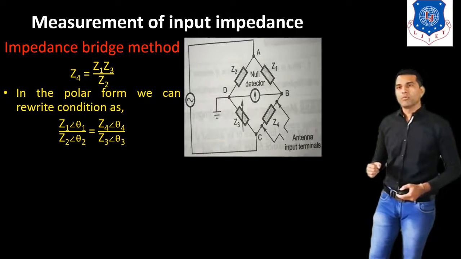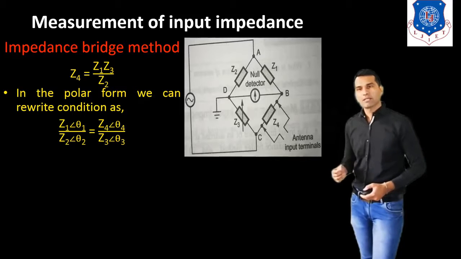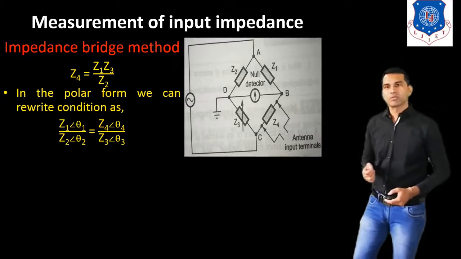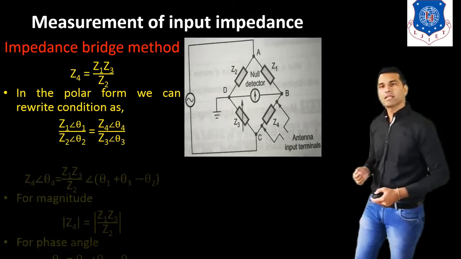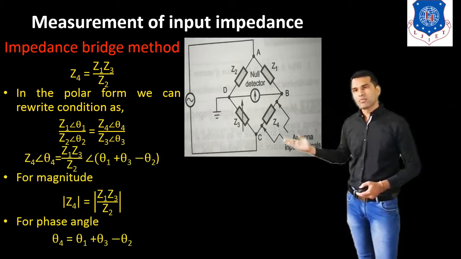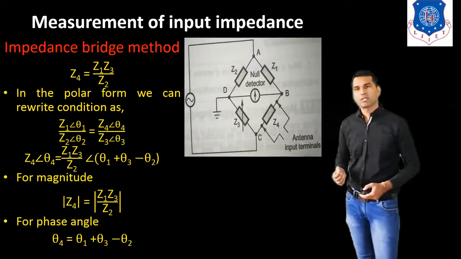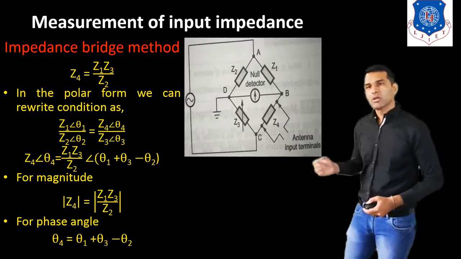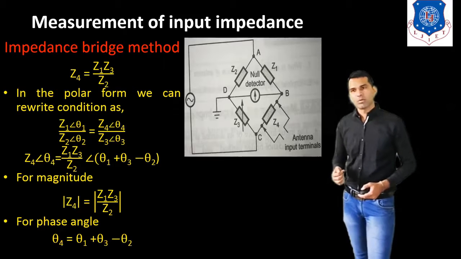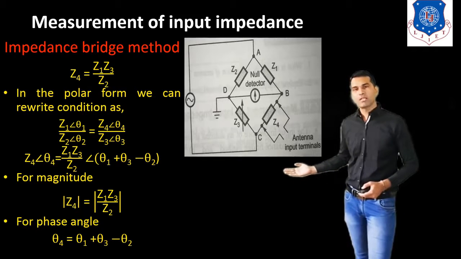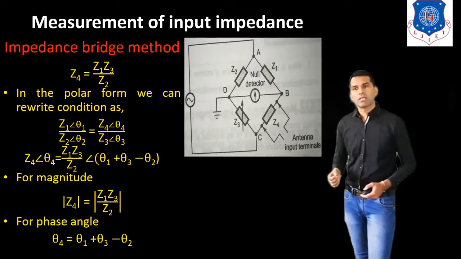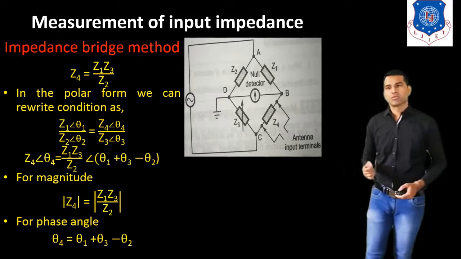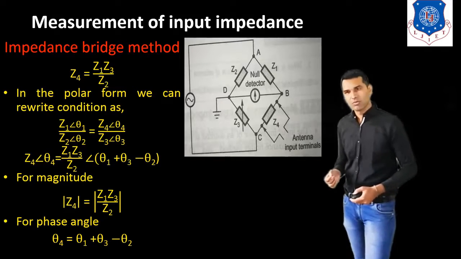In the polar form, we can rewrite the condition as Z1 angle theta 1 upon Z2 angle theta 2 equals Z4 angle theta 4 upon Z3 angle theta 3. So simply, in the polar form we can write this equation as Z4 angle theta 4 equals Z1 into Z3 upon Z2, angle theta 1 plus theta 3 minus theta 2. For magnitude we can write Z4 equals Z1 Z3 upon Z2, and for the phase we can write theta 4 equals theta 1 plus theta 3 minus theta 2.